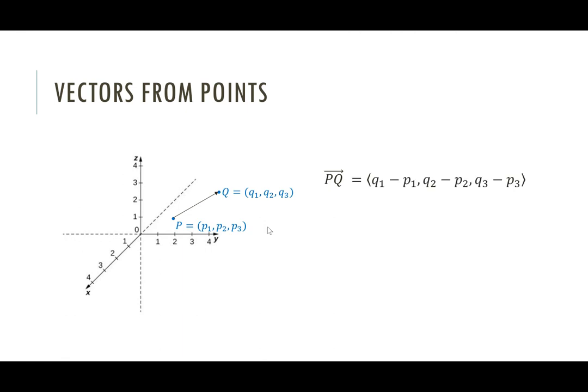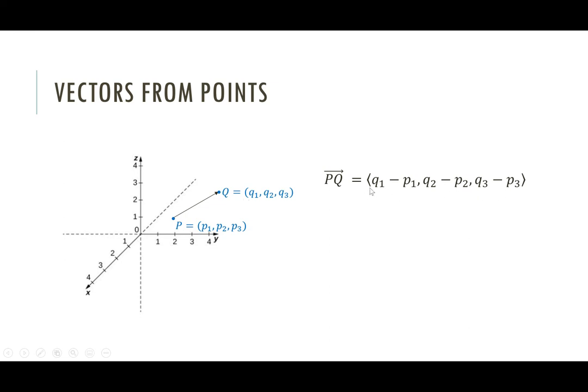Well, you just take the first component of Q, subtract the first component of P, then take the second component of Q, subtract the second component of P, third component of Q minus the third component of P, and make those the components of your vector.